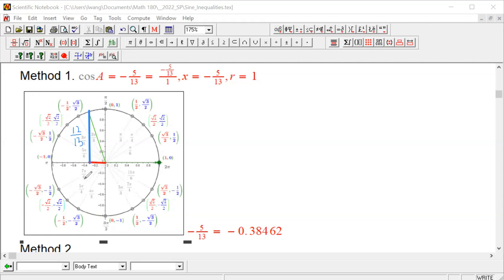And this red number is negative 5 over 13. You see, every terminal, every angle, whether special or not special, it has a place on the unit circle. You just have to find it. So this point, let's practice marking this point. What is this point? Can you mark this point?